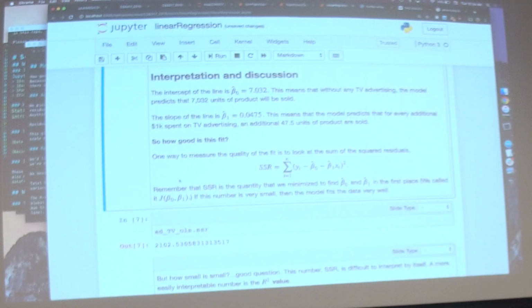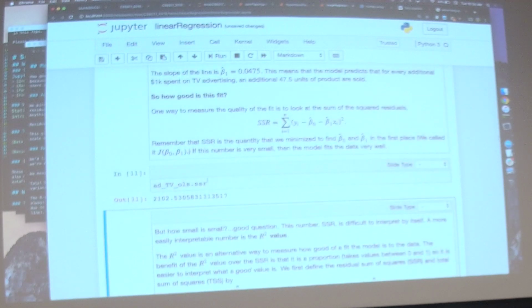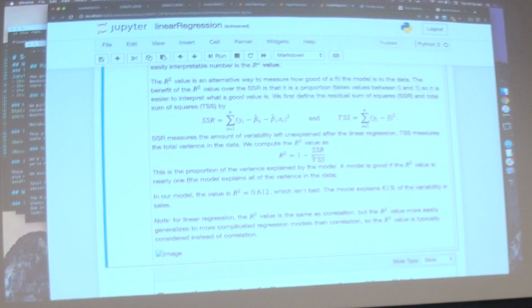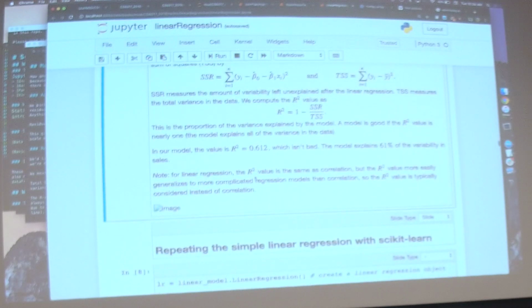And then the SSR is the unnormalized value; this is the sum of squared residuals. And then for the R squared, we normalize that by the TSS, and that gives us our 0.6.